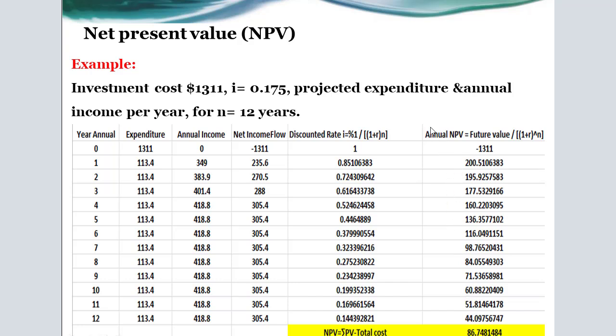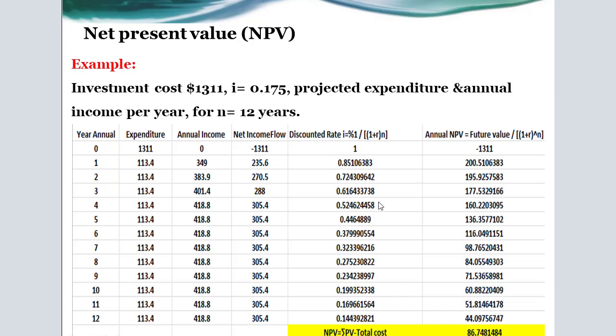So the summation of annual net present value represents the net present value, which equals the summation of all net present values for each year, subtracted by the total cost of investment. So the summation of these values, minus this value, will give us the net present value.